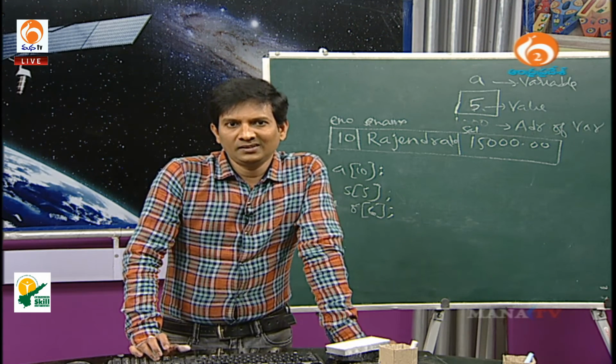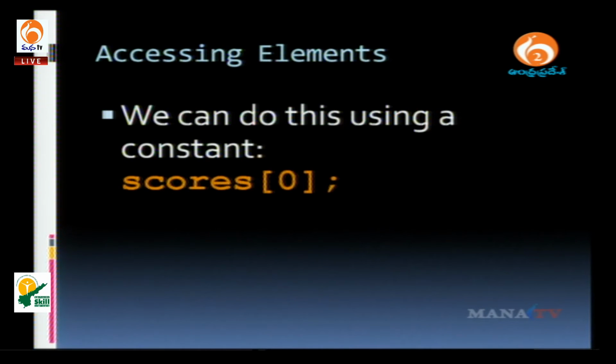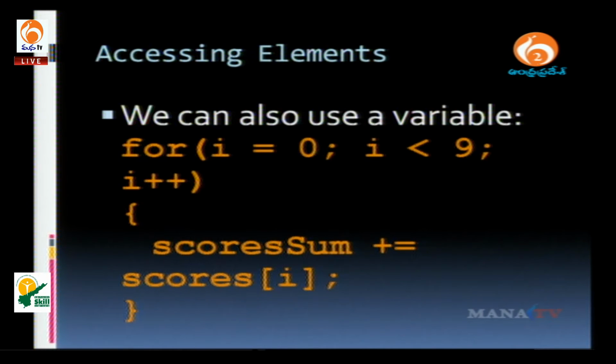Now we will see how to access the array elements. To access an array's elements, we need to provide an integral value to identify the index we want to access. For example, just see here, scores[0]. This is accessing.